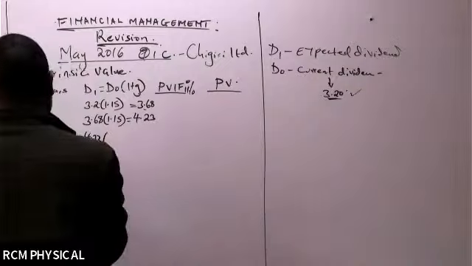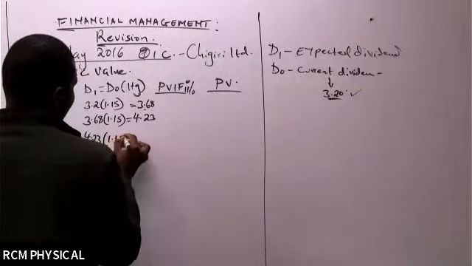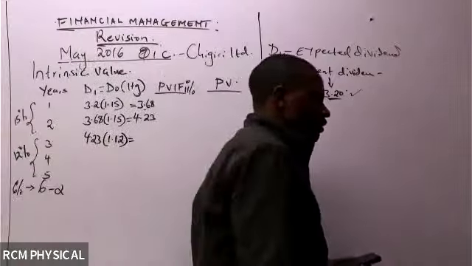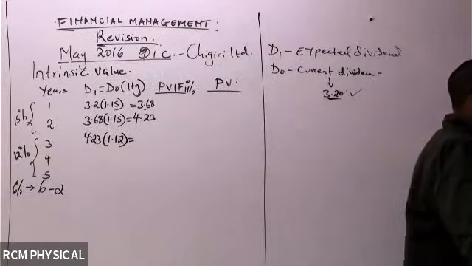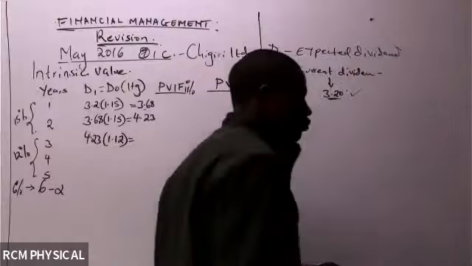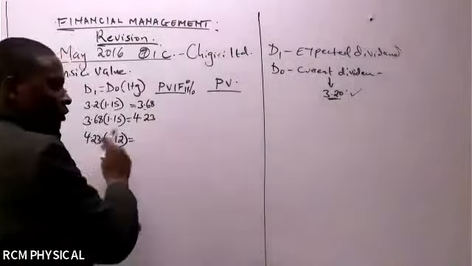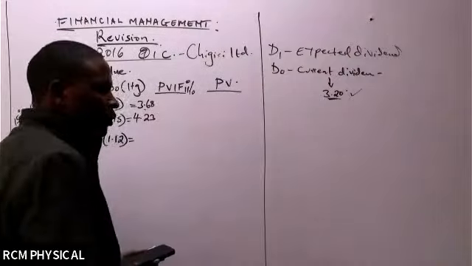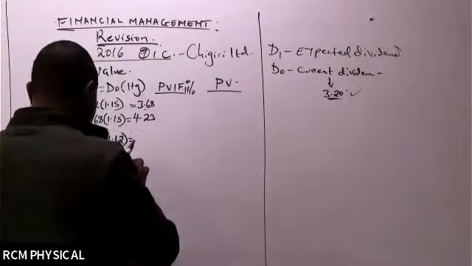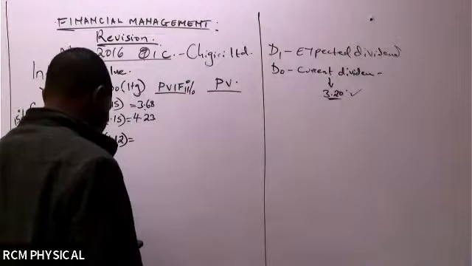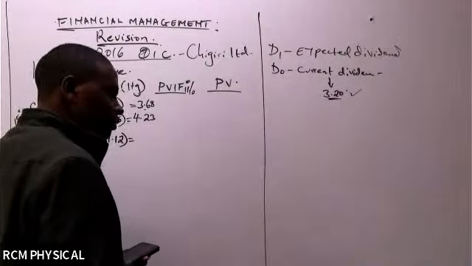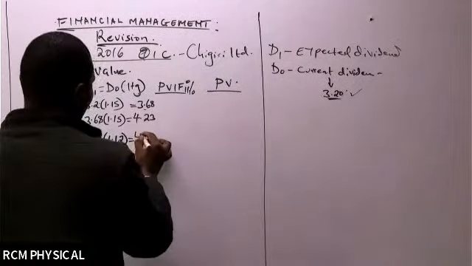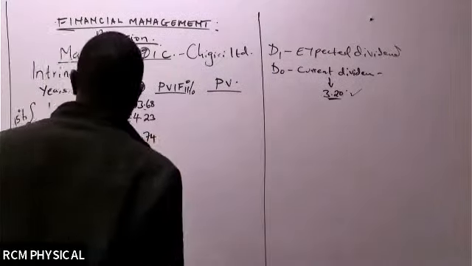Now the dividend is growing at a rate of 12%, so we multiply by 1.12. What will be our value here? It is 4.74.